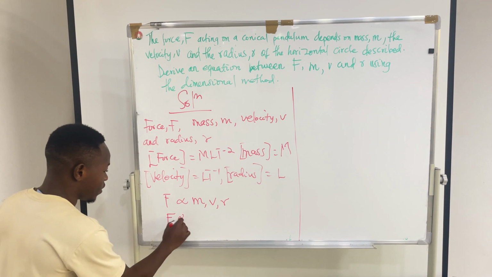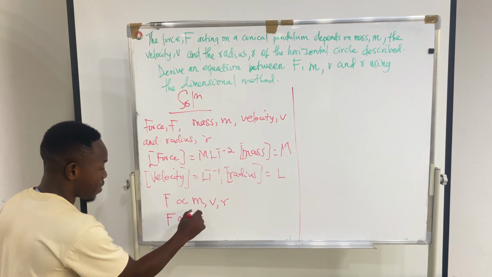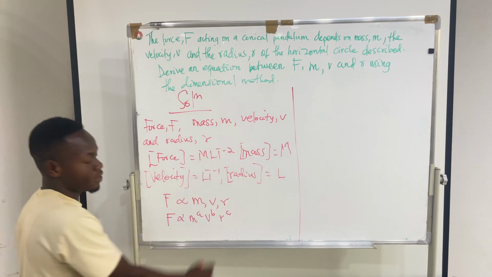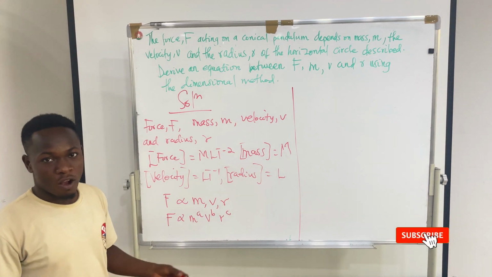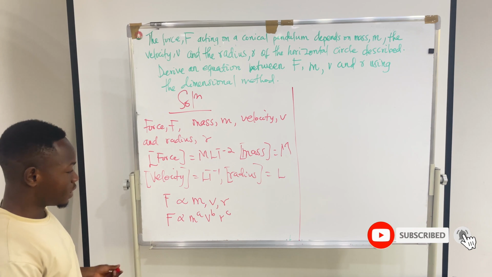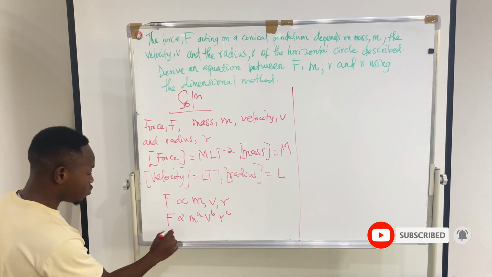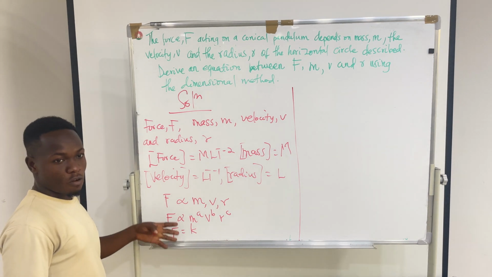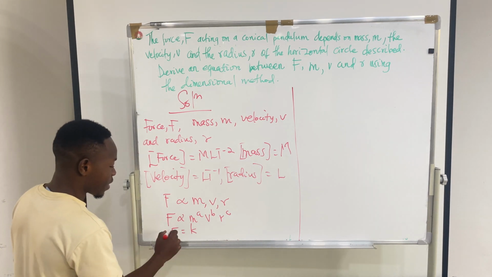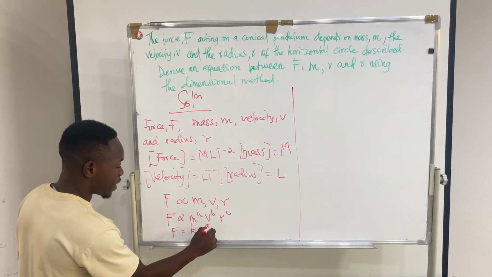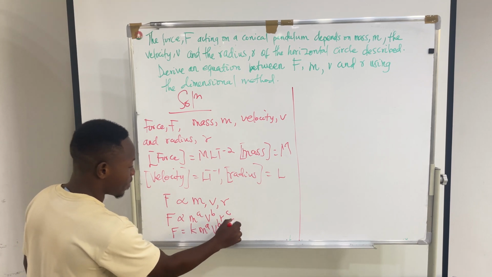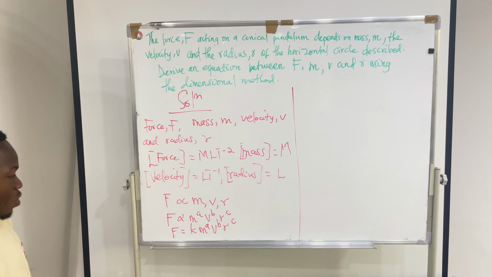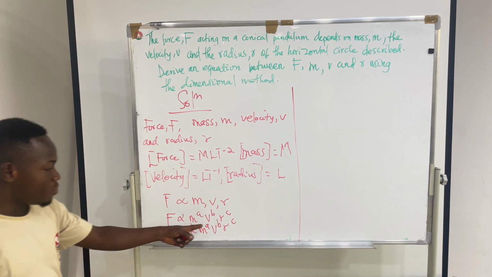F depends on m to the power a, v to the power b, and r to the power c, where a, b, and c are constants to be determined. Introducing the constant of proportionality k, F equals k m^a v^b r^c. Our aim again is to find a, b, and c.